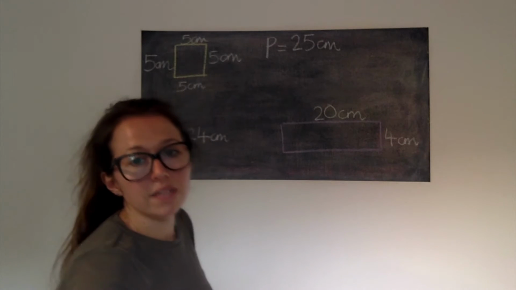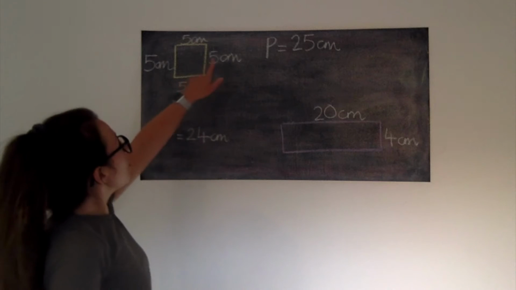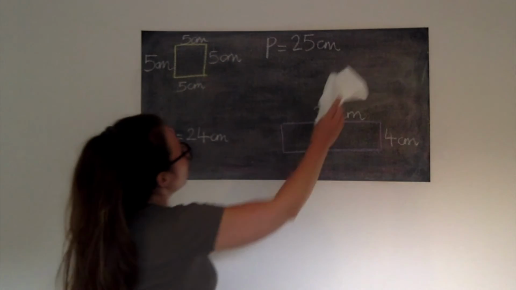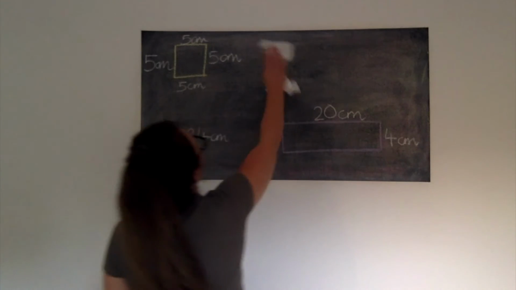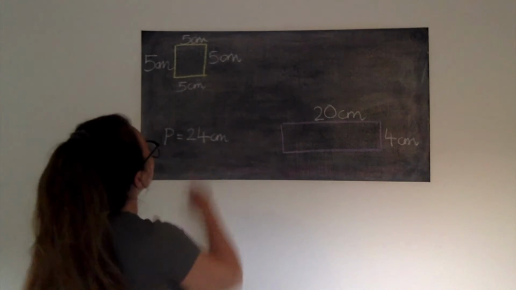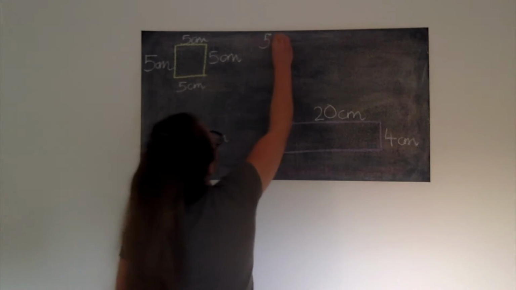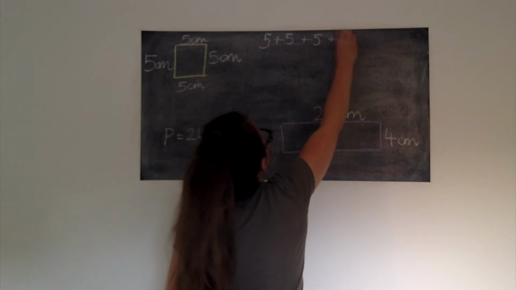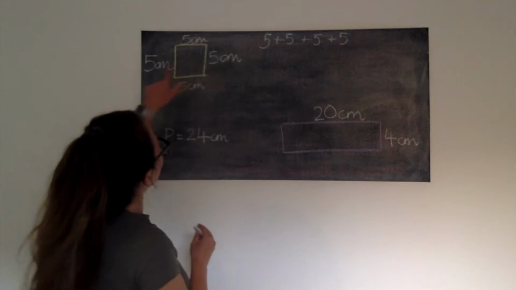Hopefully you recognise that I have done 5 multiplied by 5. Now that isn't the perimeter. What I should have done was two things I could have done. I could have done repeated addition, 5 plus 5 plus 5 plus 5. Okay, so there's all my sides.